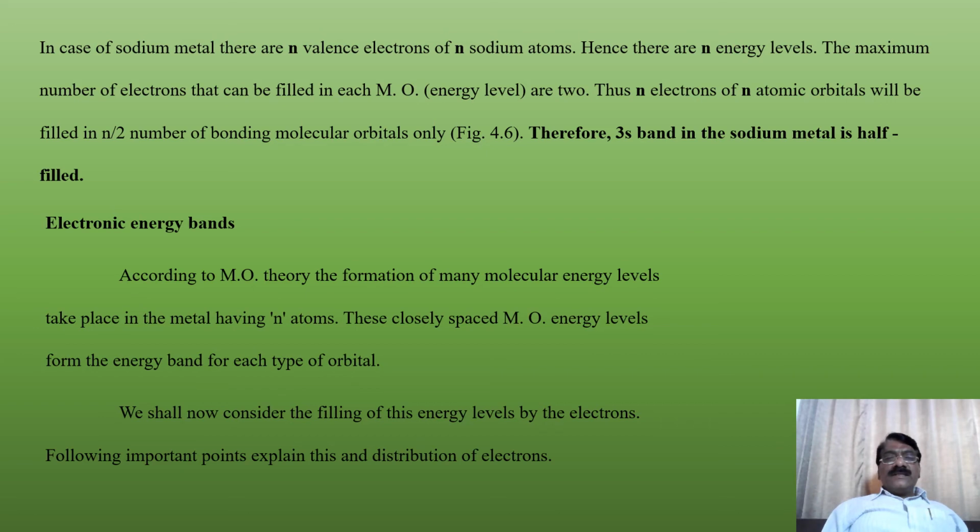These closely spaced molecular orbital energy levels form the energy bands for each type of orbital. We shall now consider the filling of these energy levels by the electrons. There are some important points explained in this regard with the distribution of electrons.